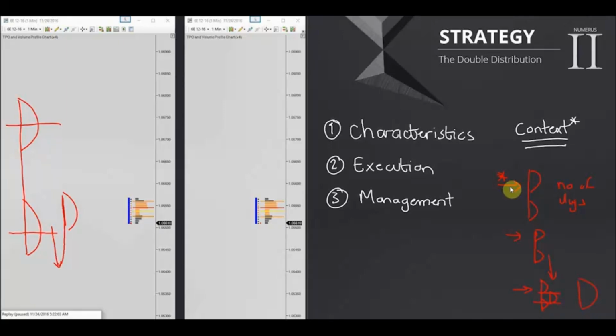Now, the important thing to point out was that on day 3, we actually started to see the double distribution strategy come into play, which completely filled out between the 2 distributions and completed the strategy. The 2 key points to reference when talking about the double distribution strategy are, first and foremost, we're looking to fill out the low value area.